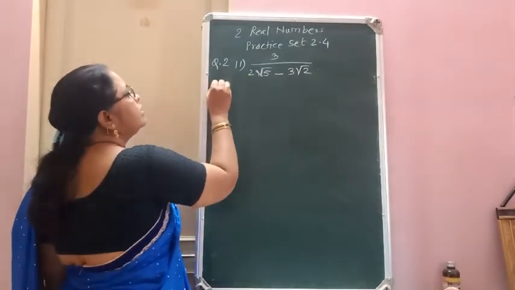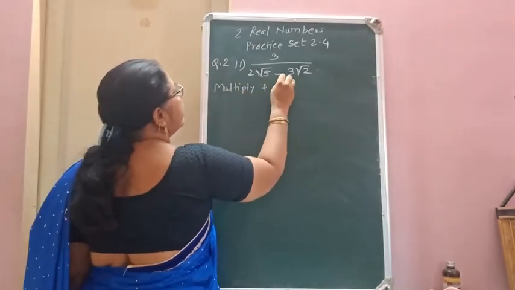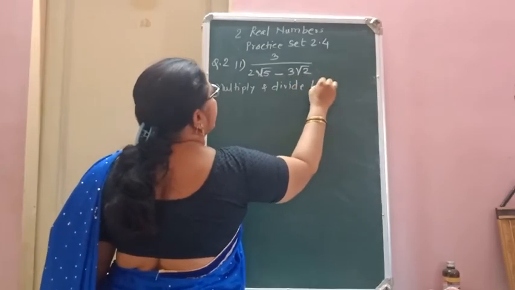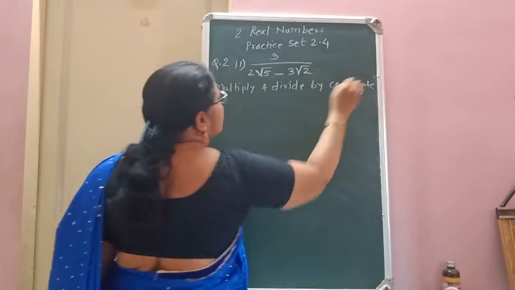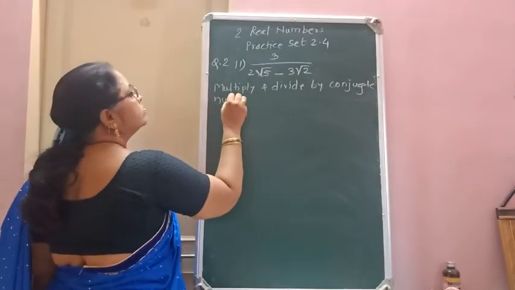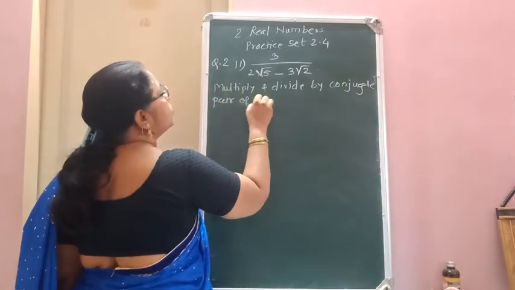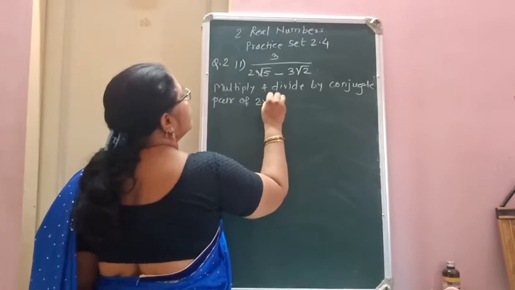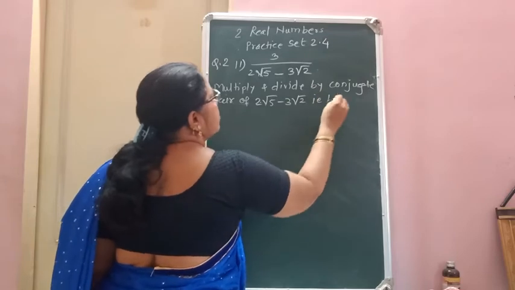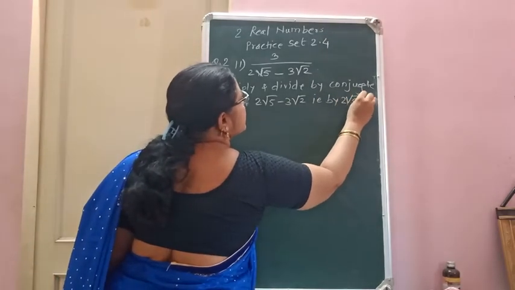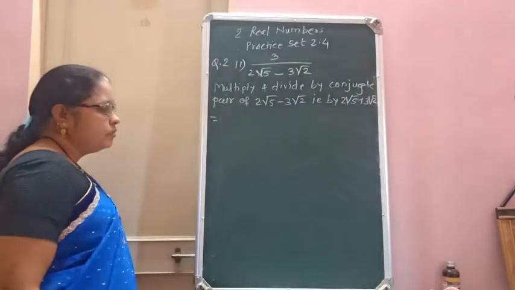So multiply and divide by the conjugate number of 2 root 5 minus 3 root 2, that is, the complex conjugate pair is 2 root 5 plus 3 root 2. So we have to multiply and divide by this number.